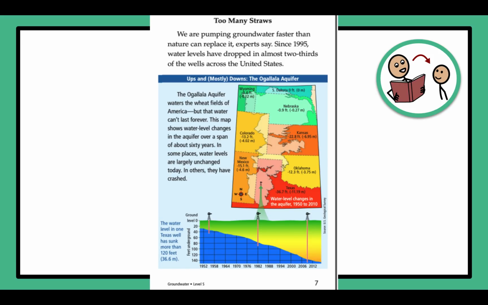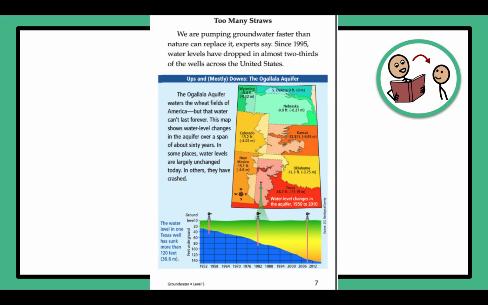Kansas has had a decrease of 22 8/10 feet. New Mexico has had a decrease of 15 1/10 feet. Oklahoma has had a decrease of 12 3/10 feet. And Texas has had a decrease of 36 7/10 feet. Water level changes in the aquifer 1950 to 2010.